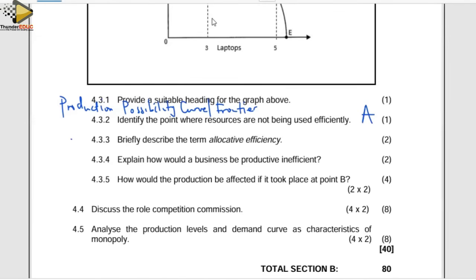So we are saying, where available resources are used to produce the output that is most demanded.